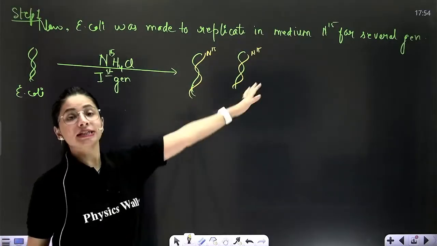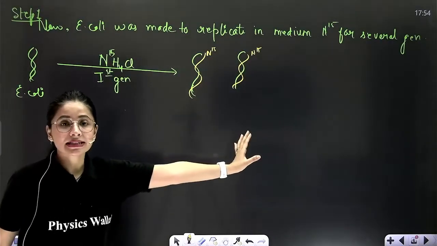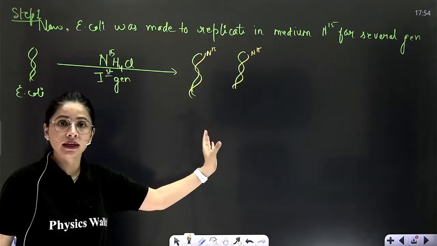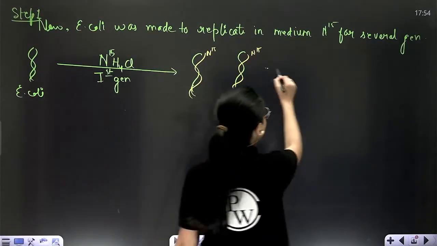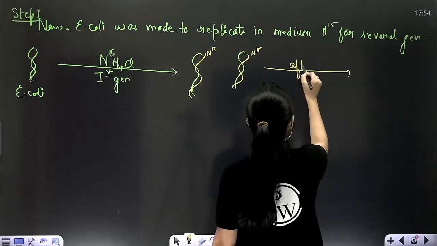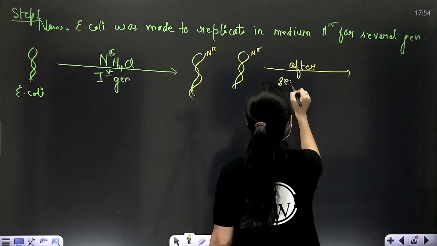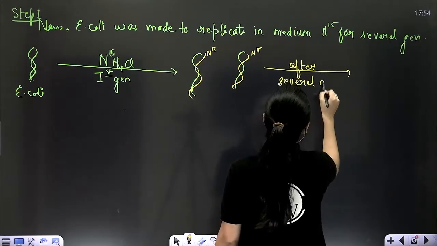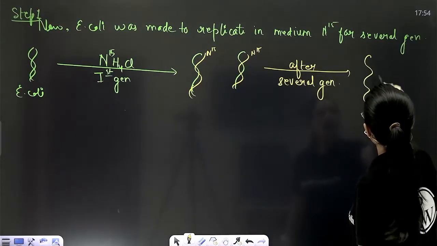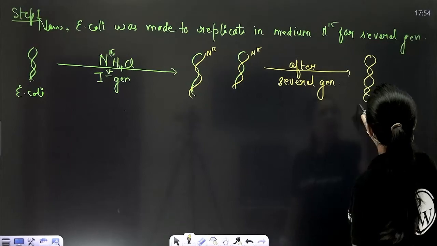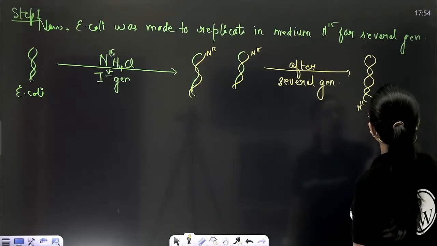For several generations, Meselson and Stahl let the E. coli grow in N15 medium. So after several generations, the whole strand of DNA will become N15.